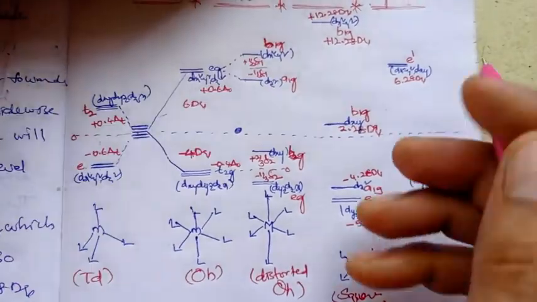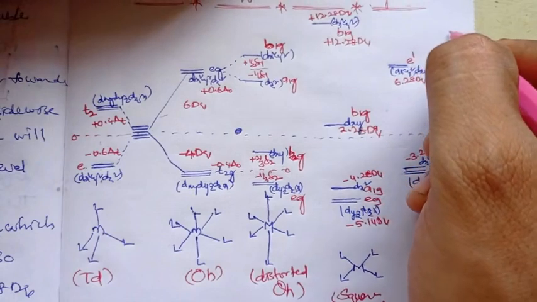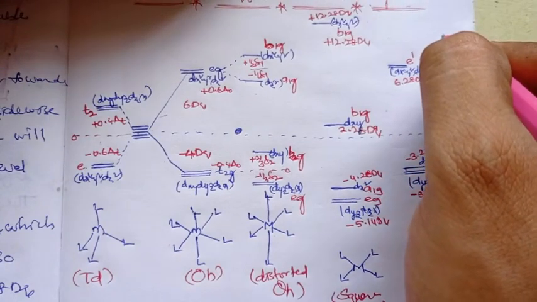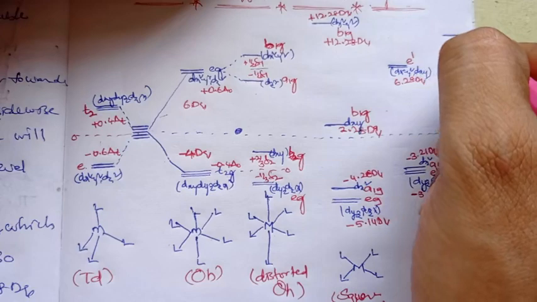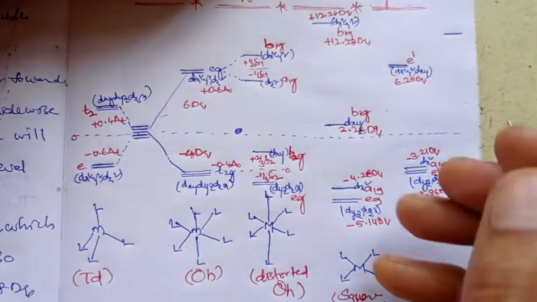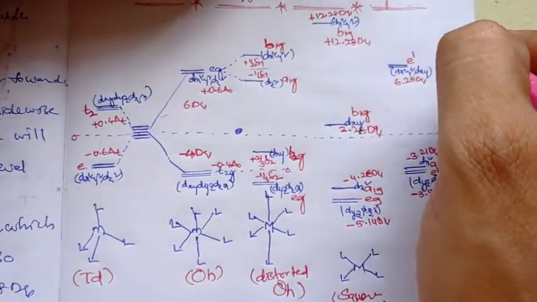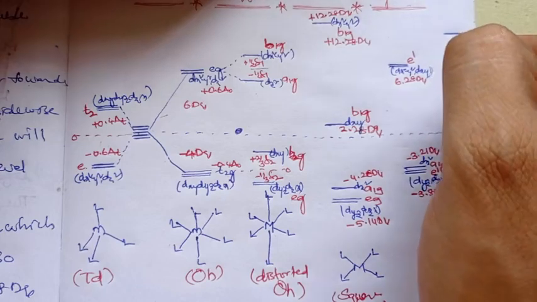And the final one, the linear, has three energy states. One is the highest, and it has the orbital of dz square.